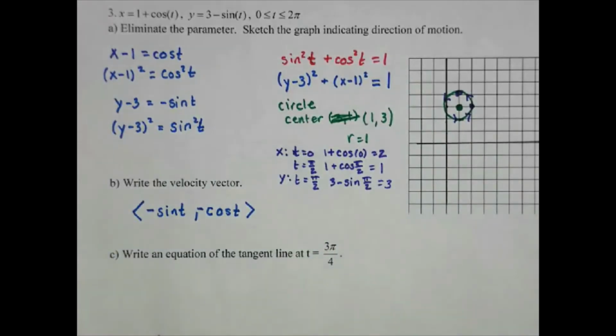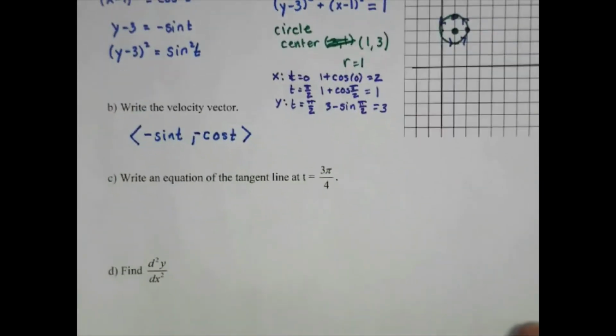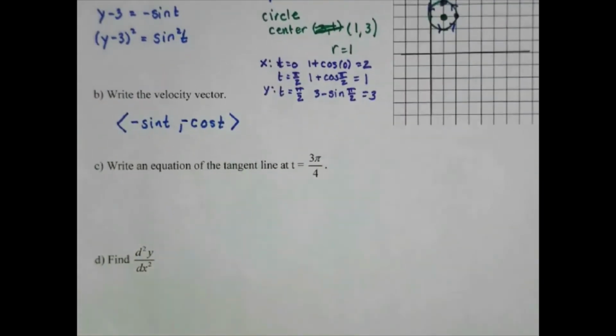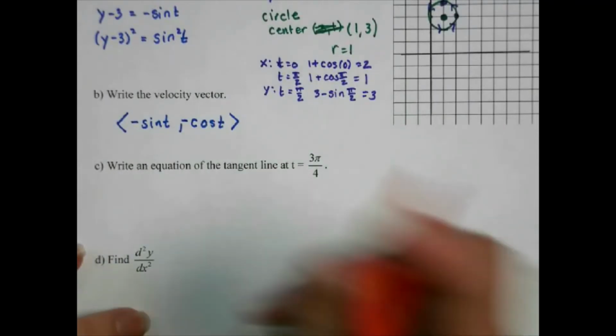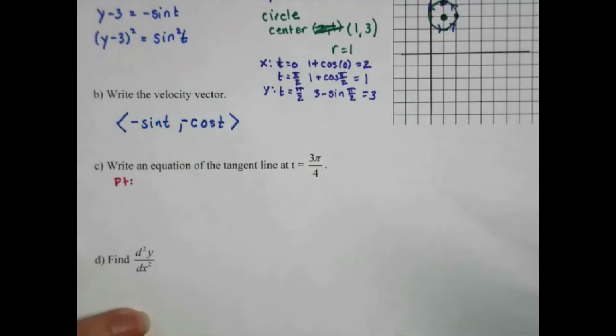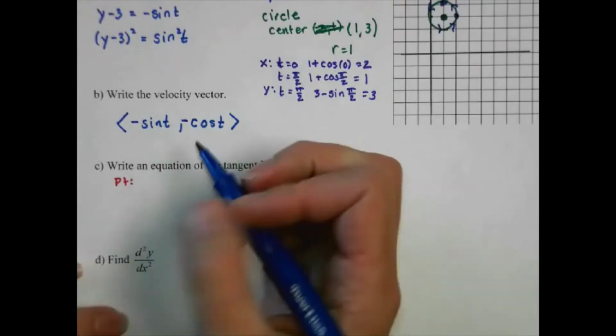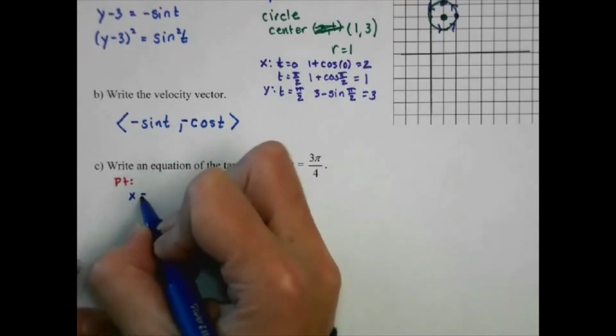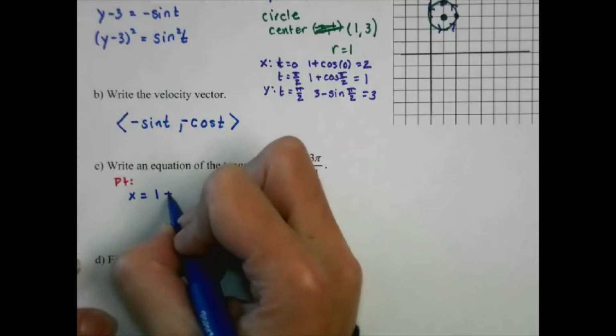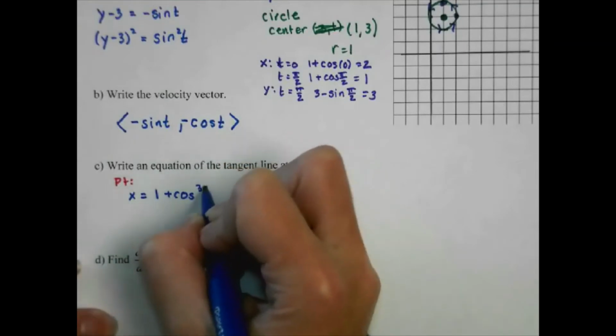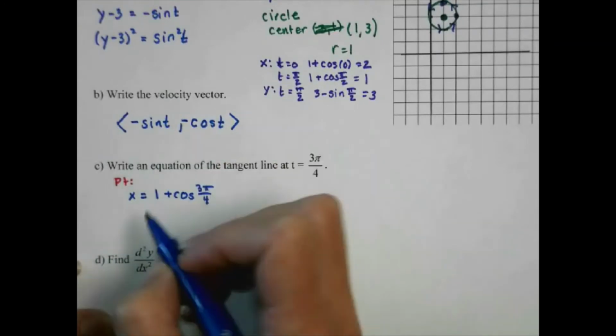For the tangent line, again, we need a point and a slope. So for the point, we're going to plug 3 pi over 4 into each of our equations. So the x is going to be 1 plus cosine 3 pi over 4.